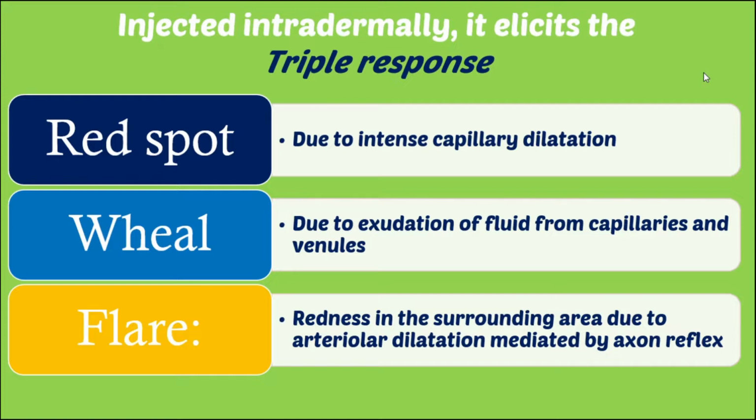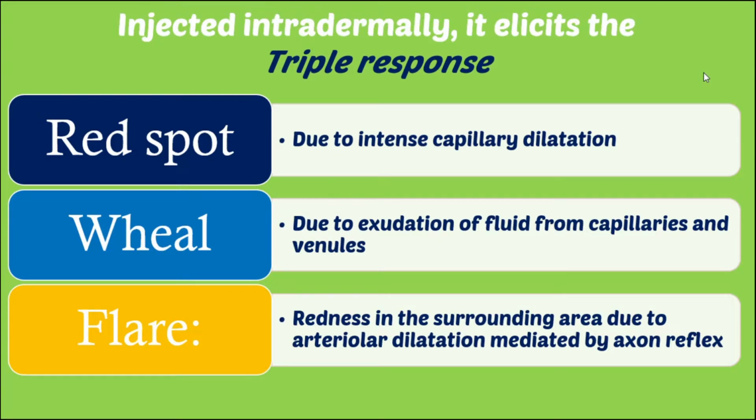Second is wheal. That is due to exudation of fluid from capillaries and venules, which is related to our previous point. Whenever it binds to the H1 receptor, it causes separation of endothelial cells, and due to that there is exudation of fluid, and a wheal-like area is produced. And lastly, flare. Flare is a redness in the surrounding area due to arteriolar dilation mediated by axon reflex.